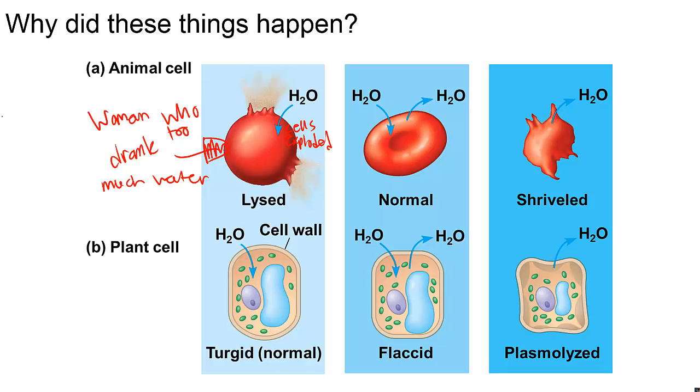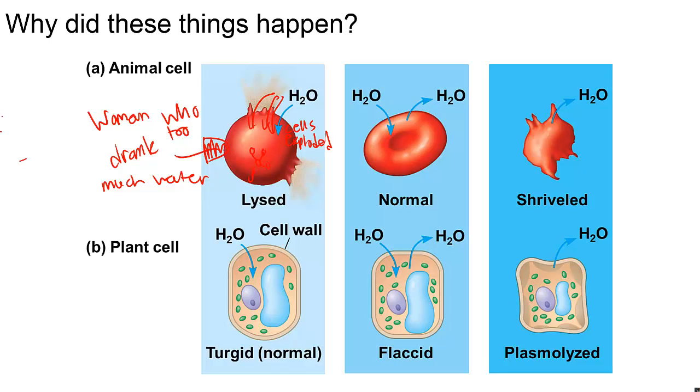So inside of her cell, right? Inside of the cells, water was sticking to other things, right? Okay? So that means that if we have a bunch of water on the outside, we have to pull some water in so it's equal. So we keep pulling water in and in and in and in until our cells explode.